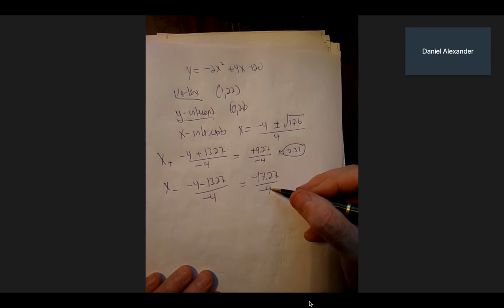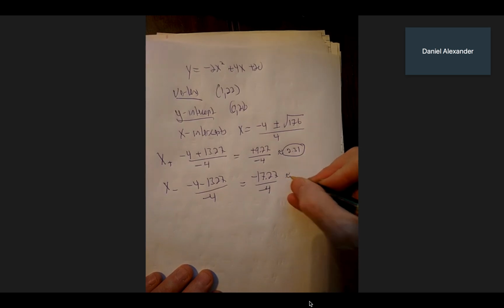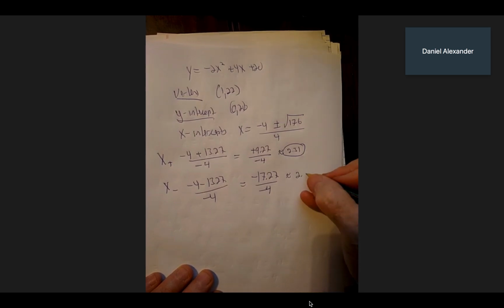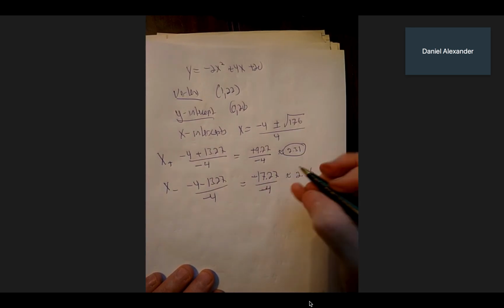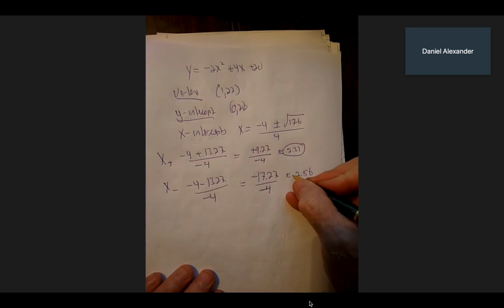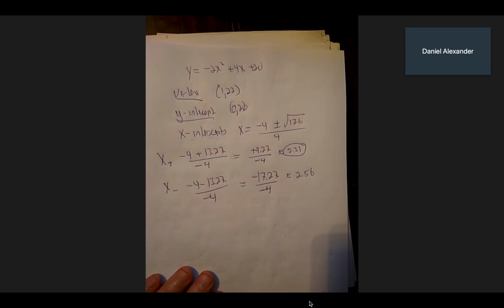Sorry, it's minus over minus, so, sorry, let me do that again. That's going to be about 4.56. This one is minus 2.31.